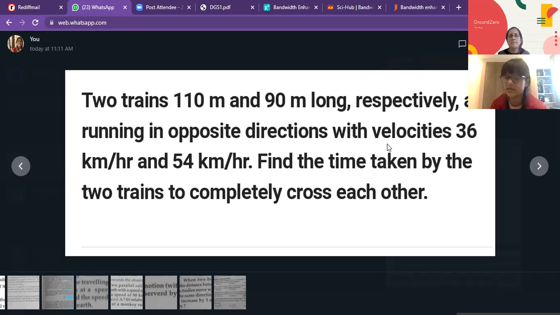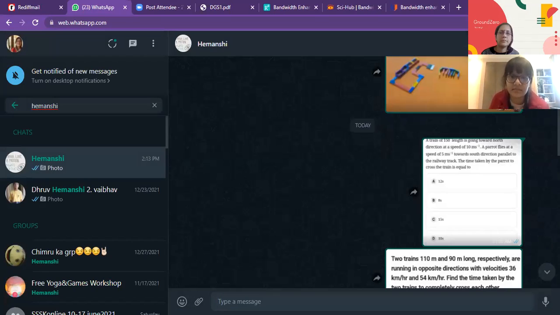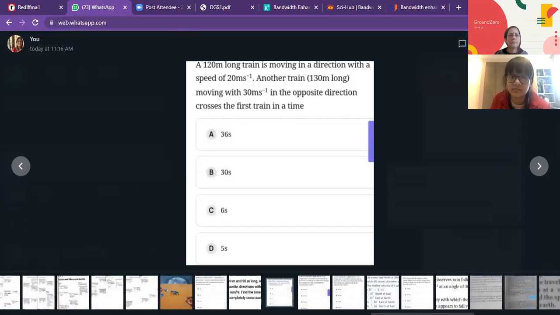And then I converted it into meter per second, 5 upon 18. So 200. Now this is the same, only the data has been changed. 5 seconds.